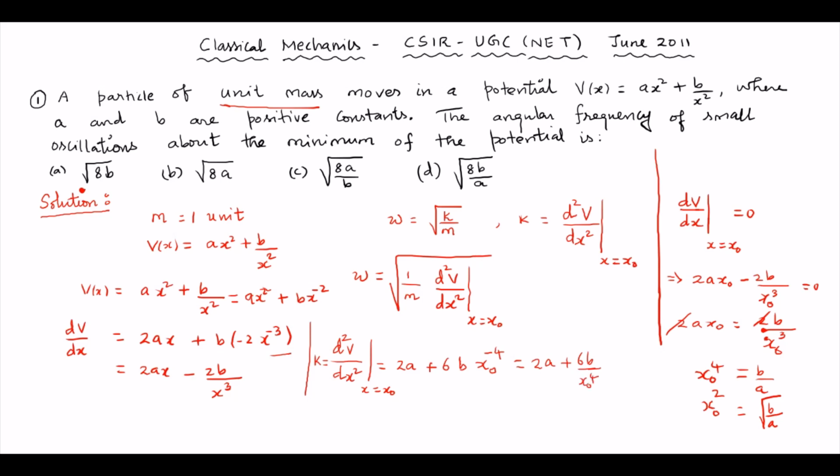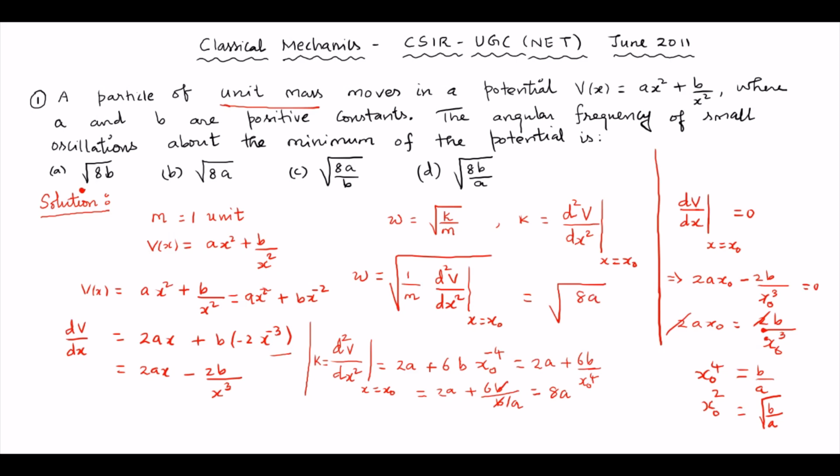When I substitute, this becomes 2a plus 6b by b by a, so this b gets cancelled, and you will get 8a.